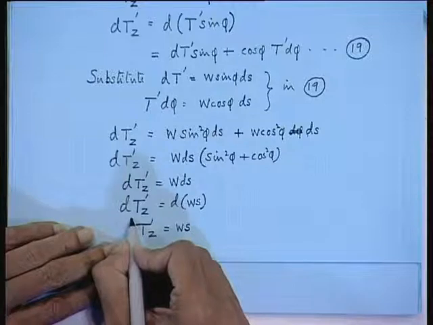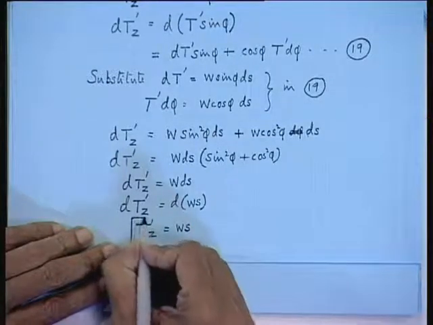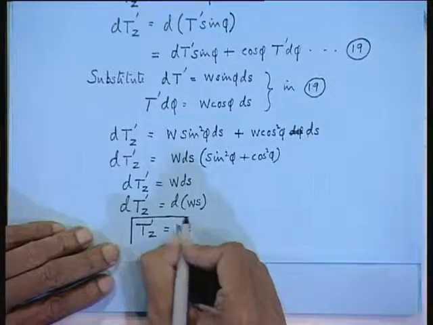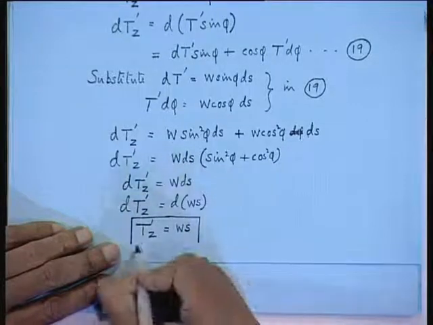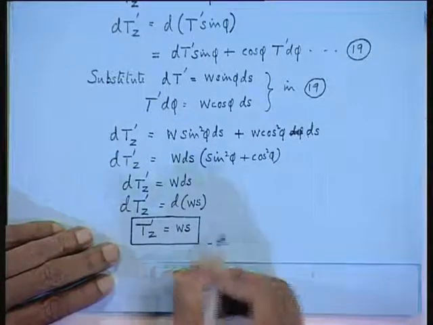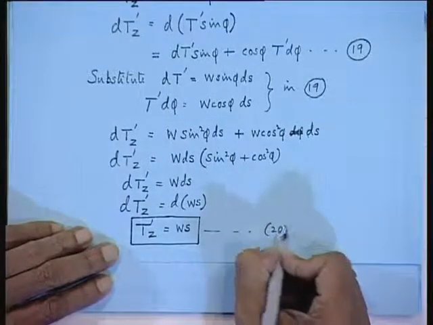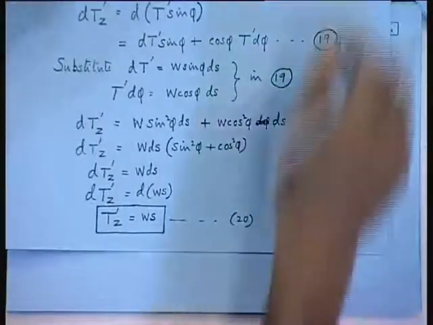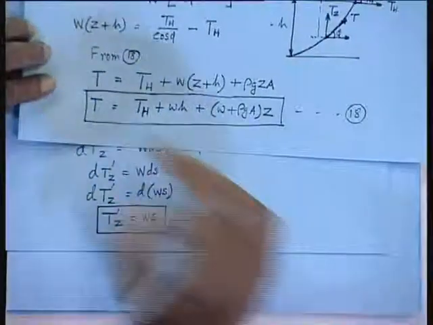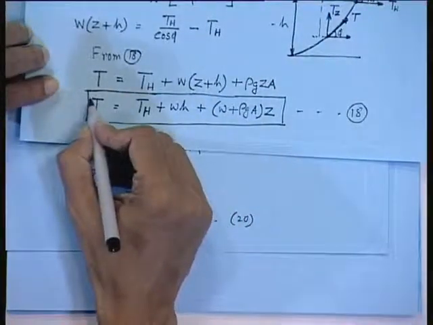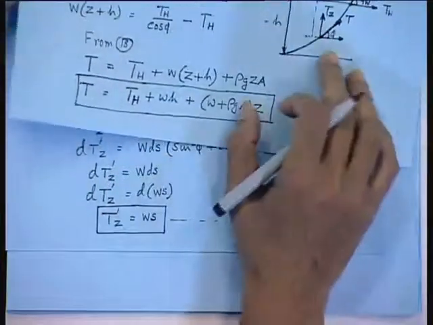If you integrate the differential, you will get the original equation. So, this is, let us say, equation number 20. So, two important relationships we have derived. One is your tension T and the other is Tz.